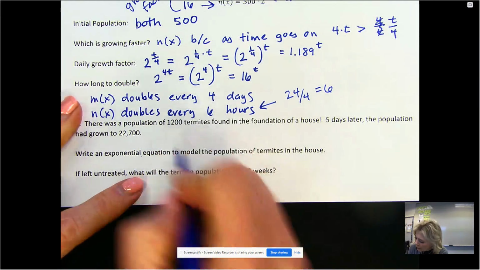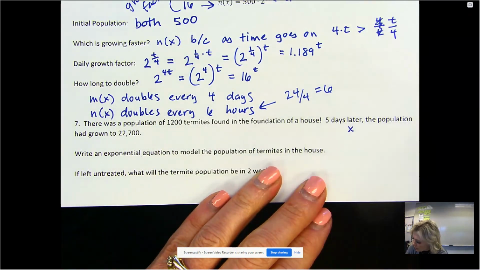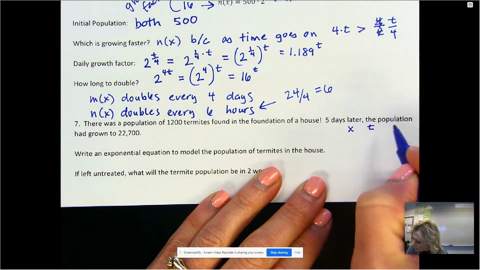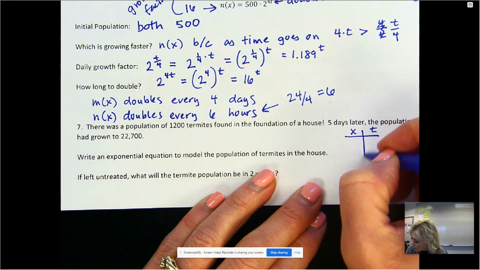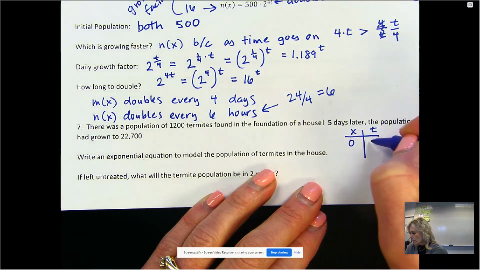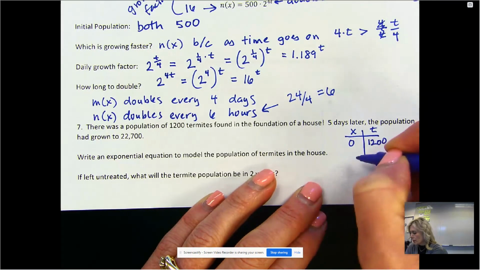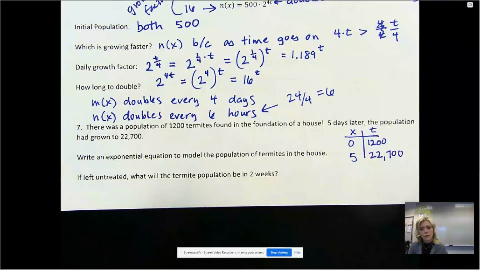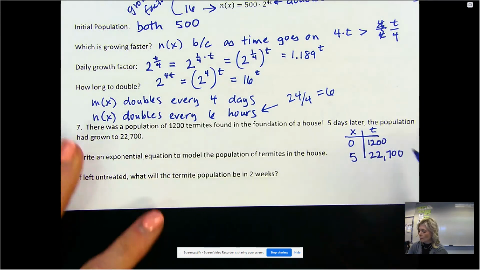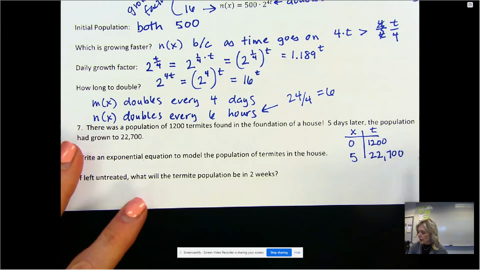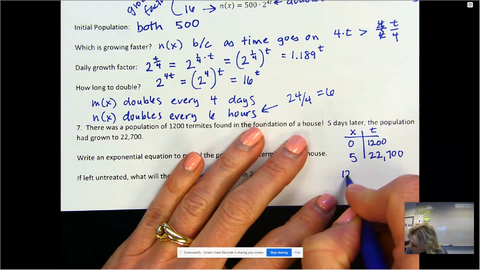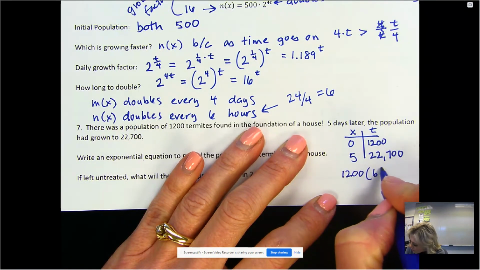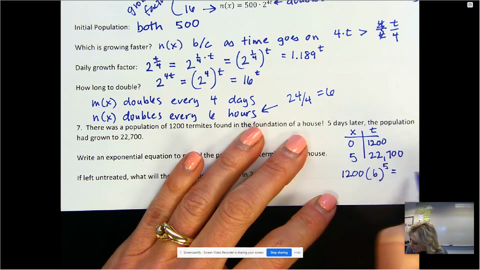So we know initially there were 1,200 termites, and then 5 days later, 22,700. And so I know that this gets multiplied 5 times to get that. So 1,200 times some factor to the 5th is equal to 22,700.